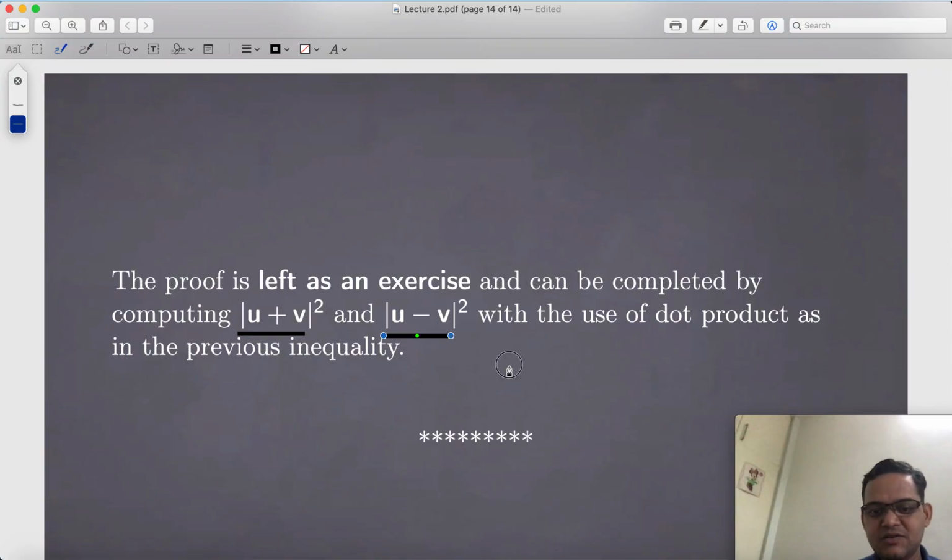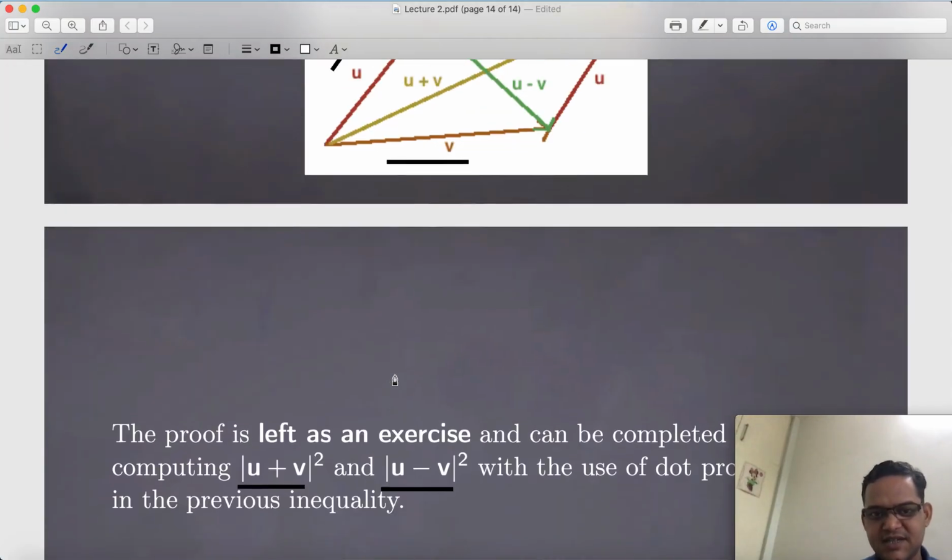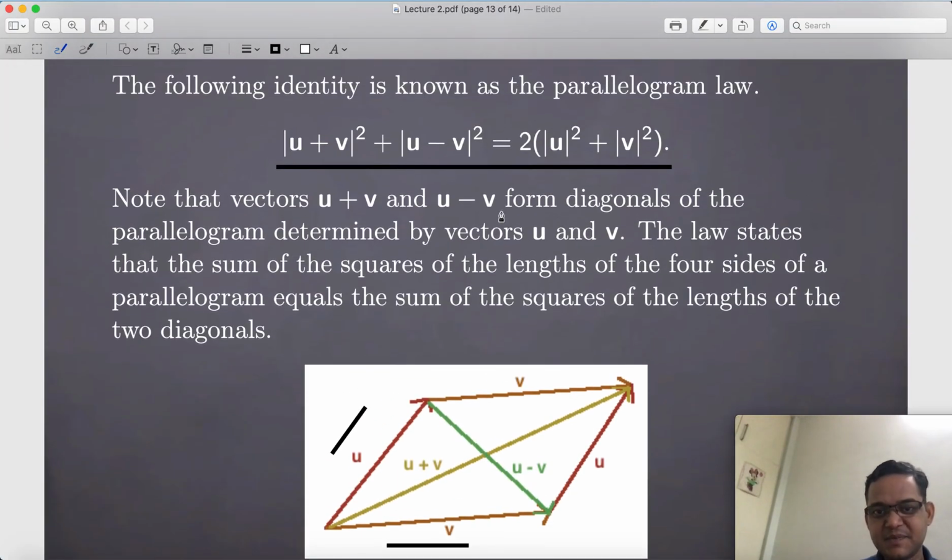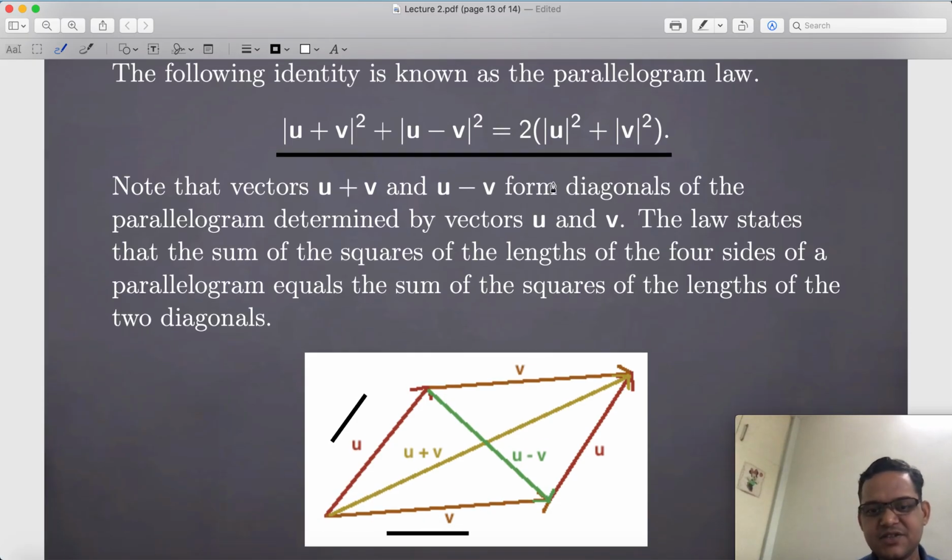Now when I compute these two quantities, I expect equality, so there is no need to apply any inequality or any formula. Just compute these two quantities and you will see that the cross terms cancel out. Only the terms which survive are mod u square and mod b square, and they appear twice, so you will get this. This is a small exercise which I am leaving. You can discuss it in your tutorial.